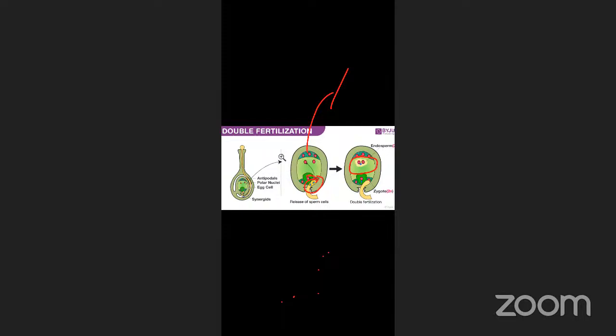So double fertilization is clear. Are you clear? So the third unit is also completed.